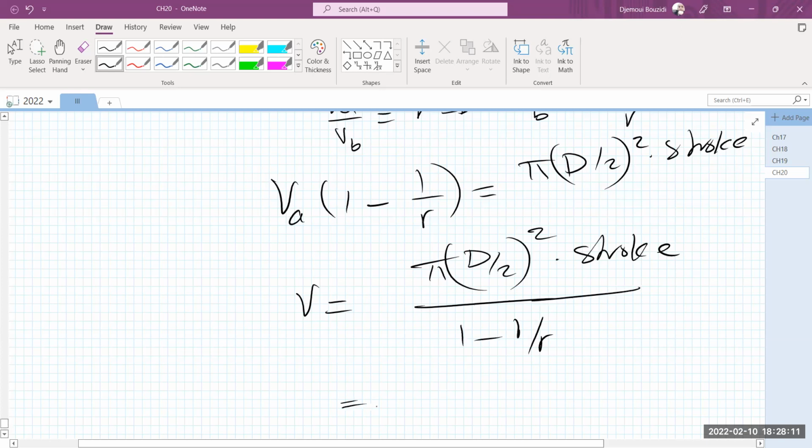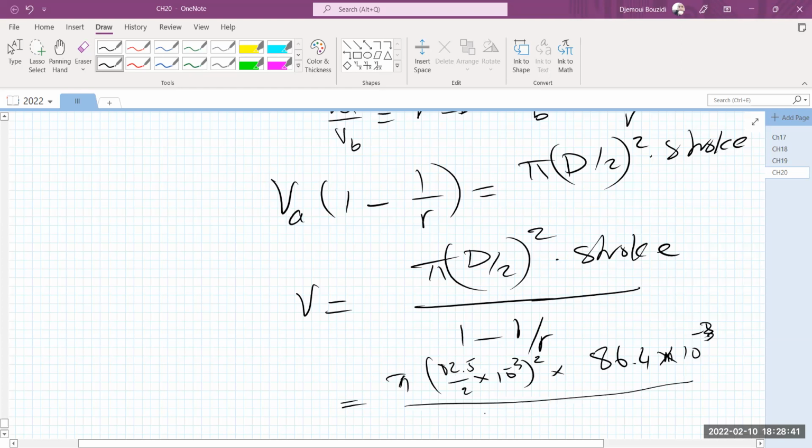So we know the diameter is given to be 82.5, divided by 2, but that's in millimeters, so it's 10 to the negative 3, squared, times the stroke. The stroke is 86.4 millimeters, which is 10 to the negative 3 also, divided by 1 minus 1 over 10.6.